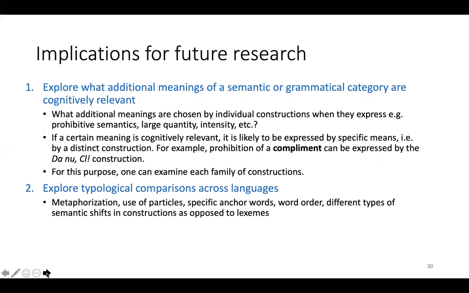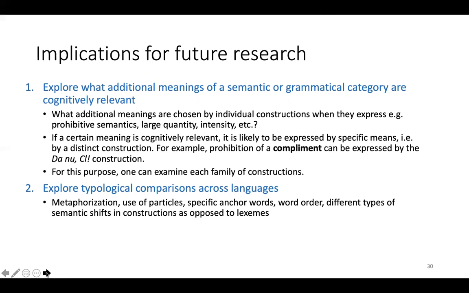Because being expressed with the help of grammatical means, these meanings are very poor. But as represented by constructions, as we have seen, they become richer. So what are these additional meanings they acquire when being expressed by constructions?